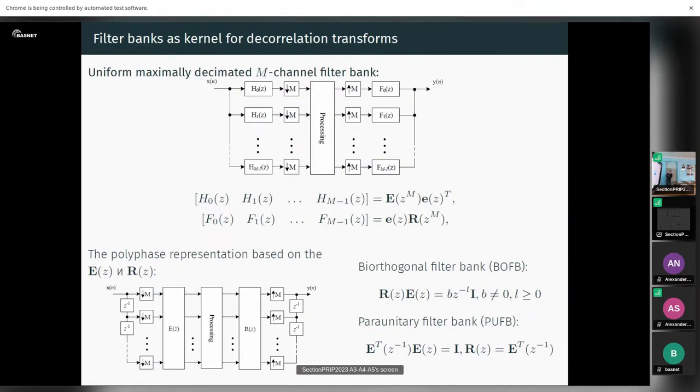So there exists some different types of such filter banks. For instance, we look at the transform that is completely reversible and suitable for lossless scenario. So this means that analysis part, synthesis part in that domain will give us one's matrix.